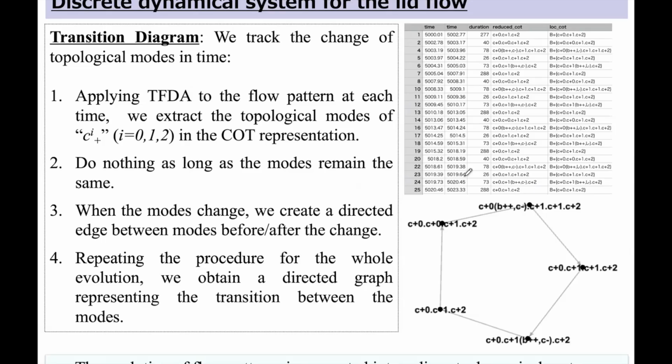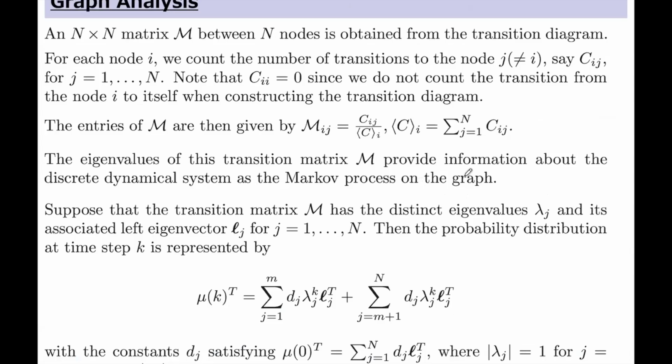So we applied some analysis to this graph structure. The first thing we are going to do is a graph analysis. From the transition diagram, we can obtain an n by n matrix M as follows. For each node i of the graph, we compute the number of transitions to the node j, which is not i, say Cij, for every node.